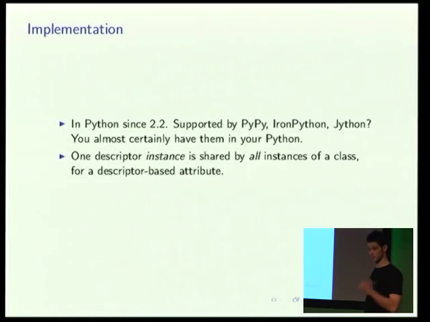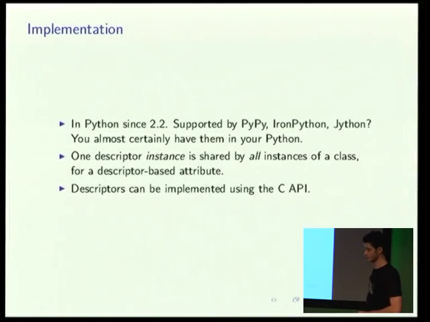So with the type constraint example, it doesn't matter how many points you instantiate. There's only ever going to be one instance of descriptor for x and another instance of descriptor for y. And that's it, just two instances of the descriptor object. And you can implement descriptors using the C API if you need to do that for some reason.